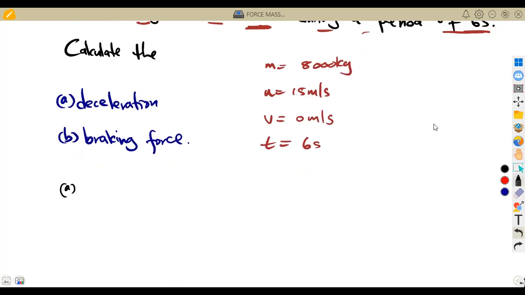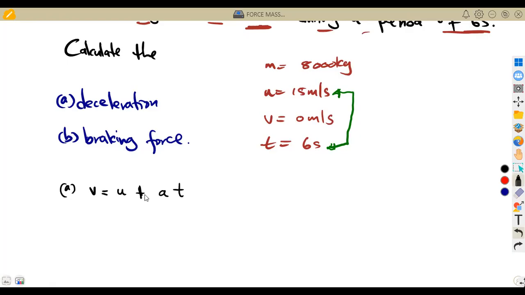So what you just need is to ask yourself, where are you going to calculate acceleration from this information that you have? Which information can give you acceleration? This information here is enough for us to have the acceleration. Because remember, we said V is equal to U plus at.